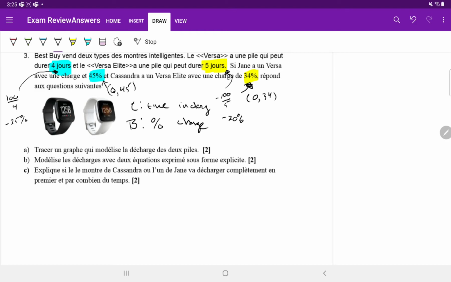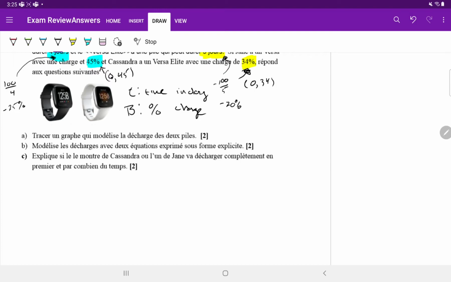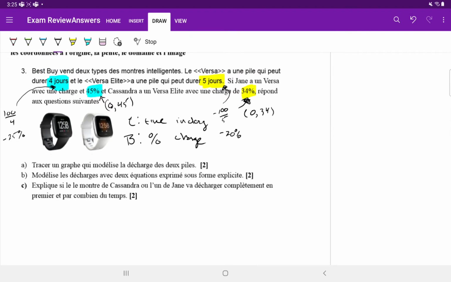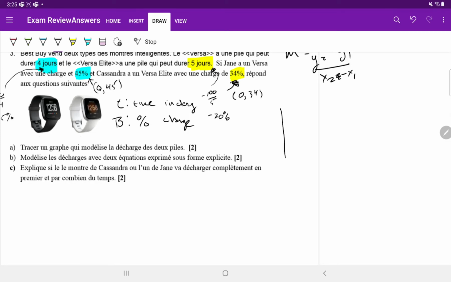Now, I know there are going to be students wondering, whoa, how is he doing that? Slope is this equation that I've got here. Where did I even plug the numbers in? So let me do a longer version of it. Slope is y2 minus y1 over x2 minus x1. Ignoring the rest of the question and focusing on the battery, I know they started at 100, and then for one of them, 4 days later, it's going to be empty.